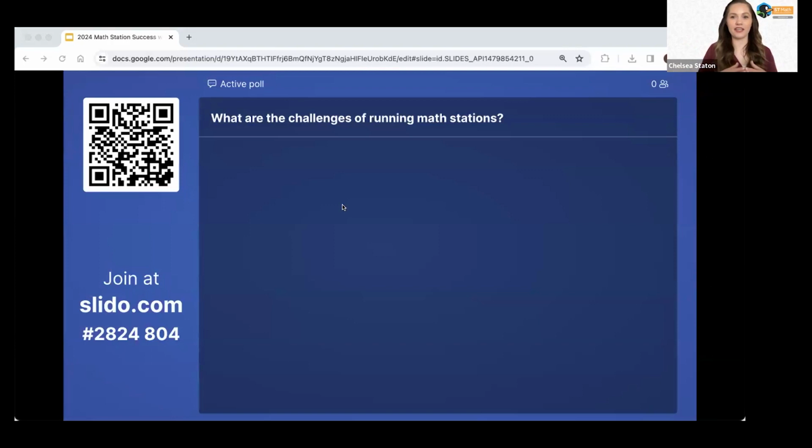Okay, so we are going to do a little bit of interactive questions. You can either go to slido.com on your browser, or you can scan that QR code. And I want to know, what are challenges of running math stations? Either from your own classroom experience before you moved into your coaching role, or as you're working with teachers, what are things that they run into?